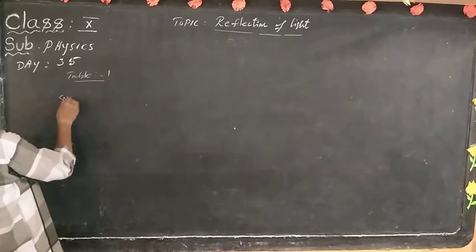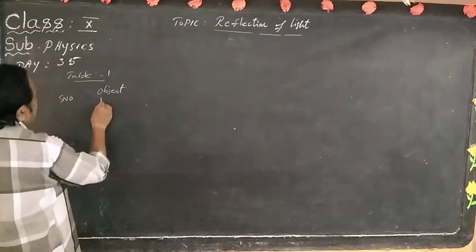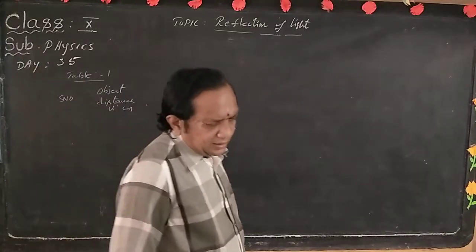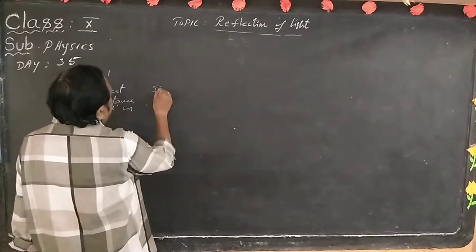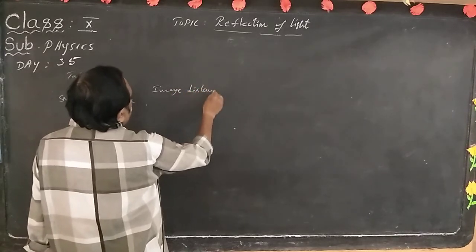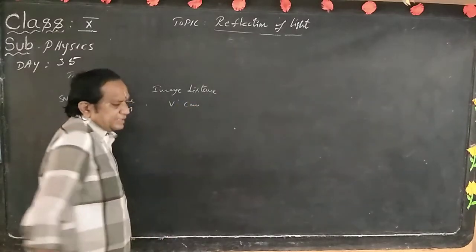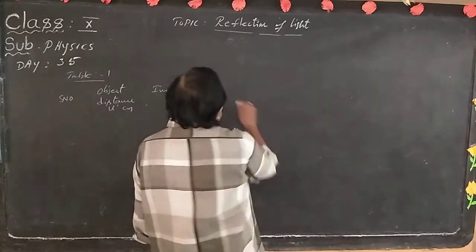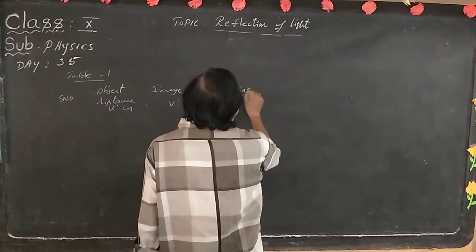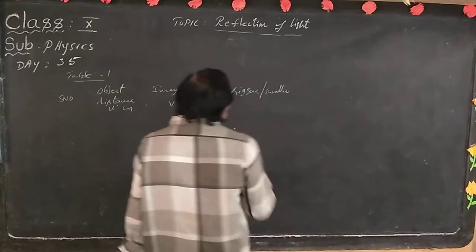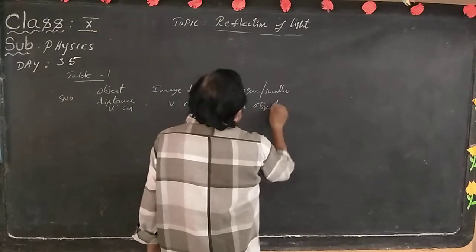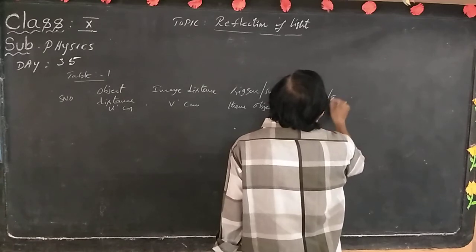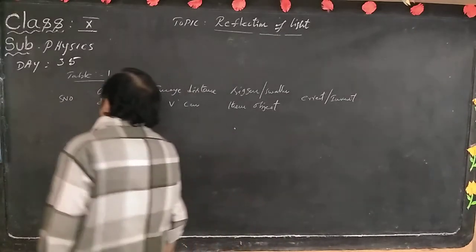In this we consider serial number, object distance u in centimeters, image distance v in centimeters, whether the image is bigger or smaller than the object, and whether it is erect or inverted. So first we have to fill the table.